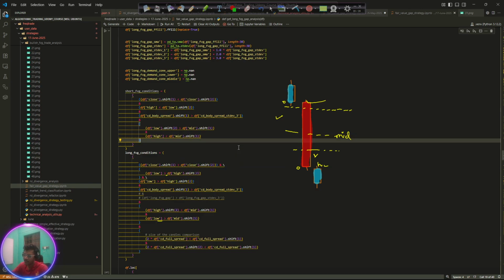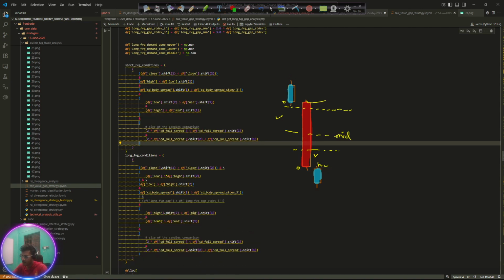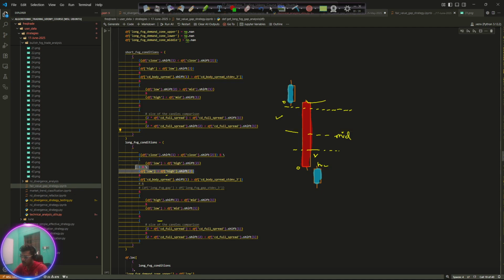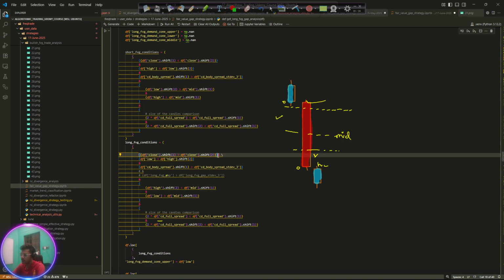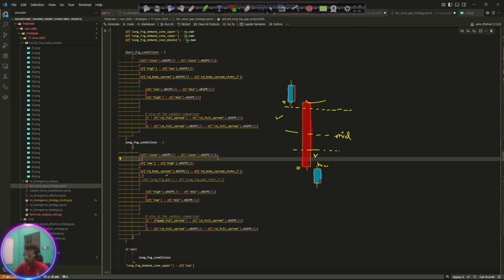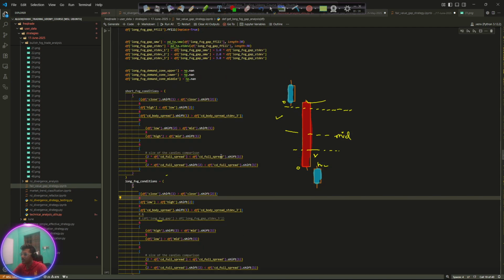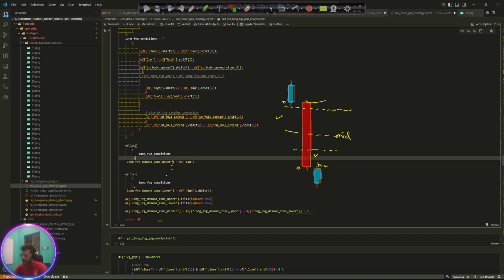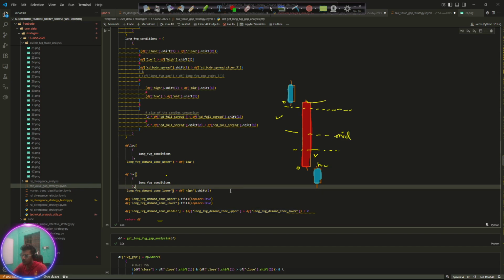Okay, and then these two conditions are the same. I'm going to remove this redundant condition here. Okay, that's my short FVG conditions.